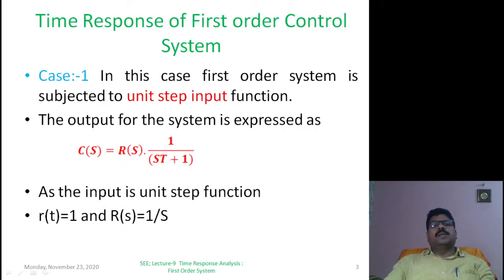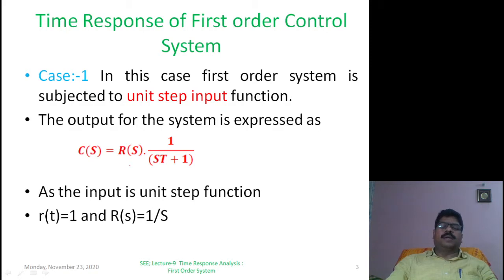So in the first case, we will use the unit step input as R(s). Since r(t) is equal to 1, the Laplace transform of r(t), R(s), will be 1 by s.